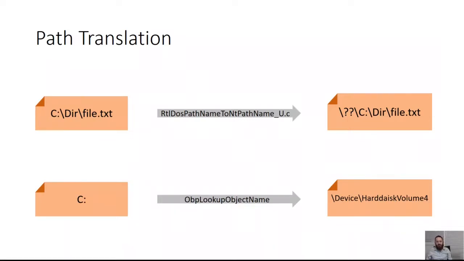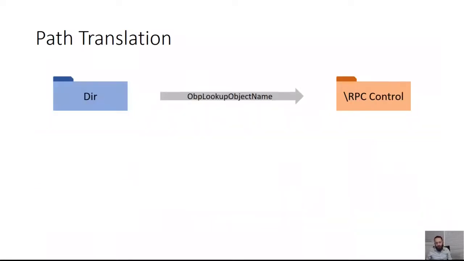The object manager takes the input name, the NT path, and parses its components, which are each separated by a \, until it finds the object that is the target of the request. Basically, every component of the path will be called with a lookup function, ObpLookupObjectName, in the object manager. The C directory will get the device path we saw earlier.